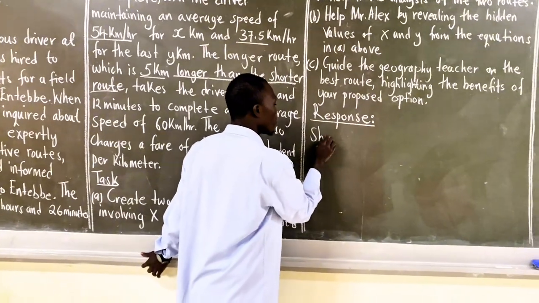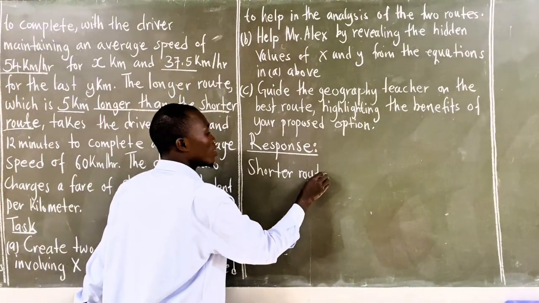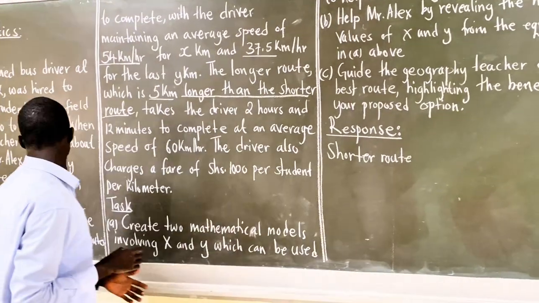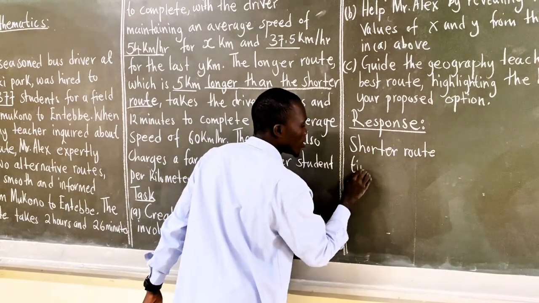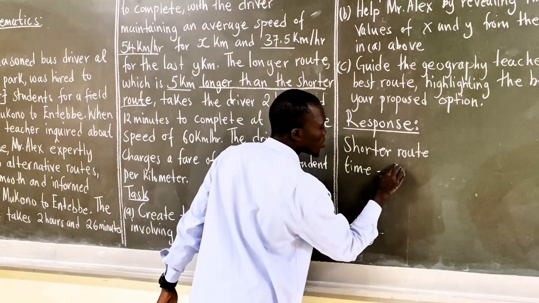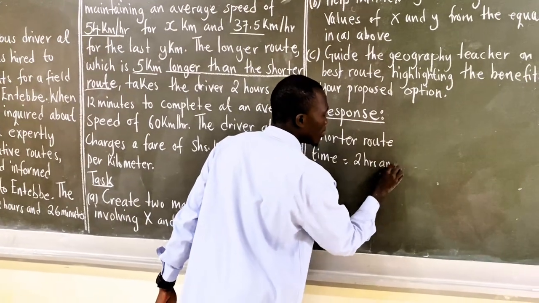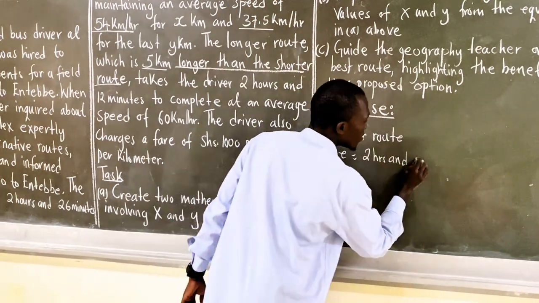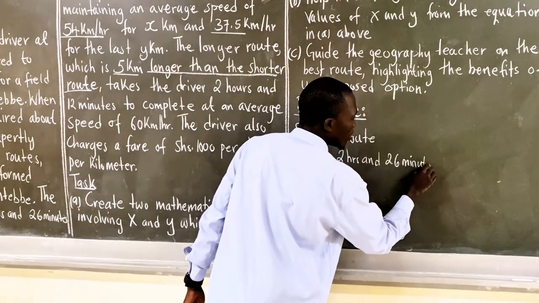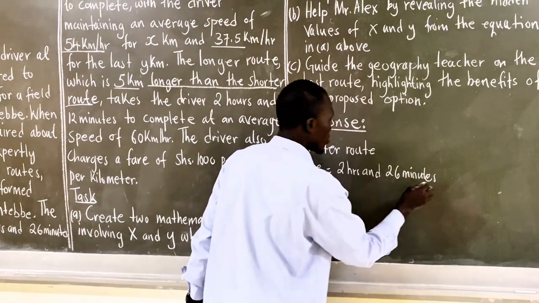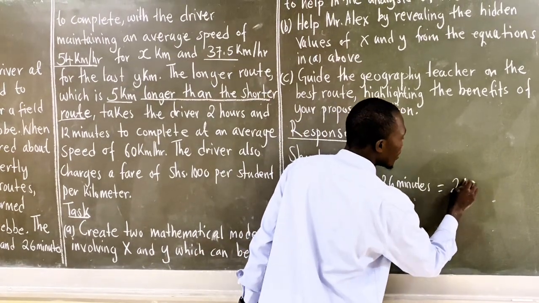For the shorter route, the time taken is equal to 2 hours and 26 minutes, which is equal to 2 hours.